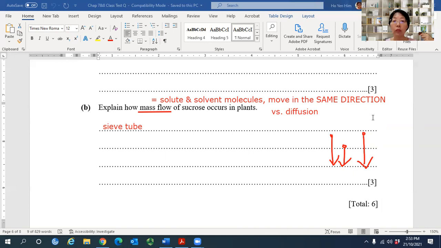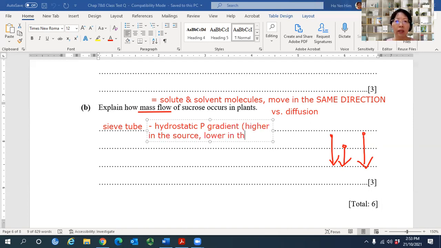And then in the sieve tube it is because of the pressure gradient. So this mass flow is due to the hydrostatic pressure gradient, which is higher in the source and lower in the sink. So that is the force.